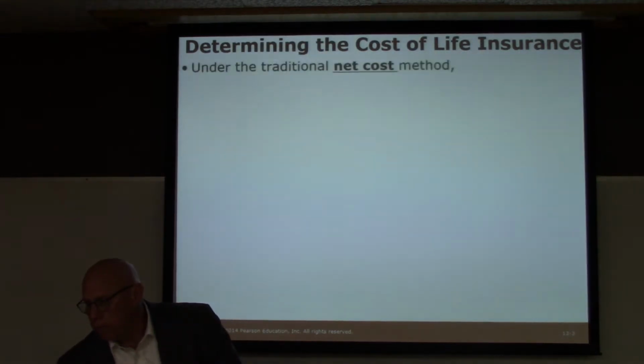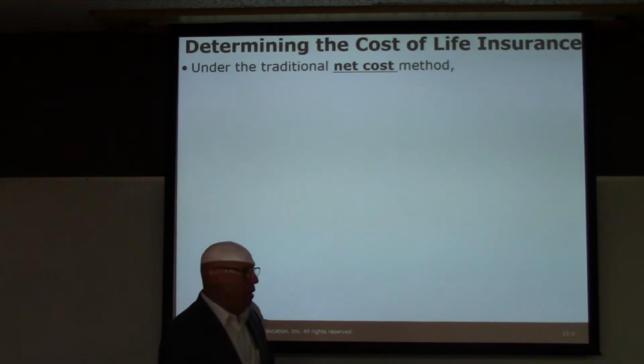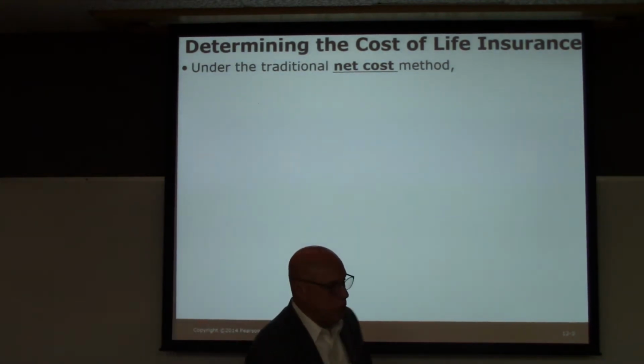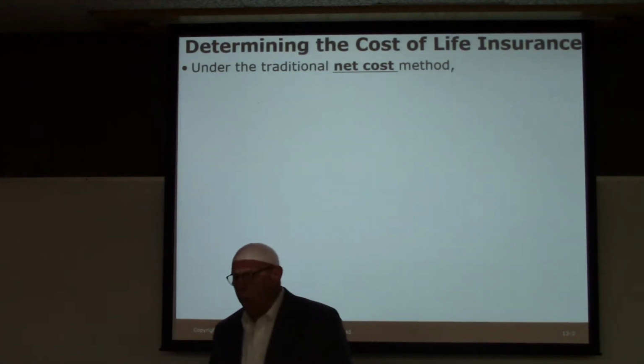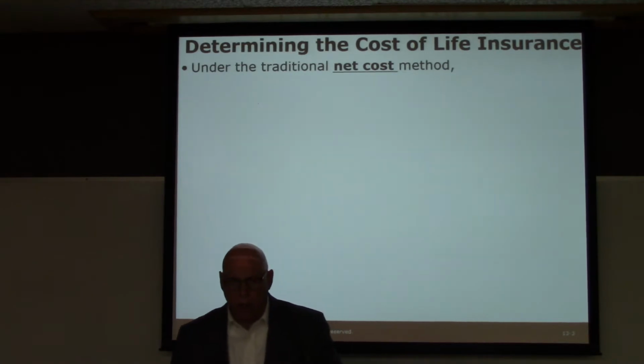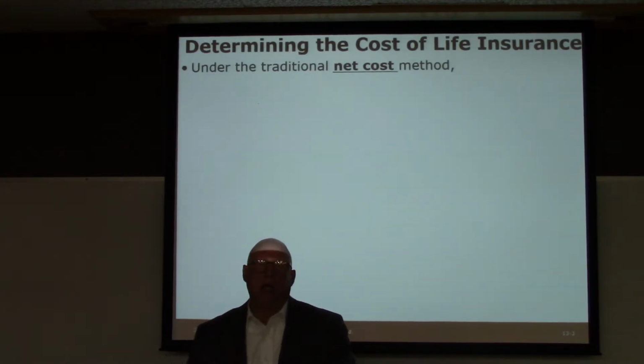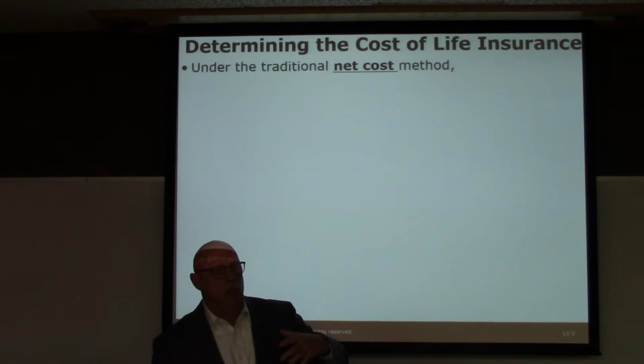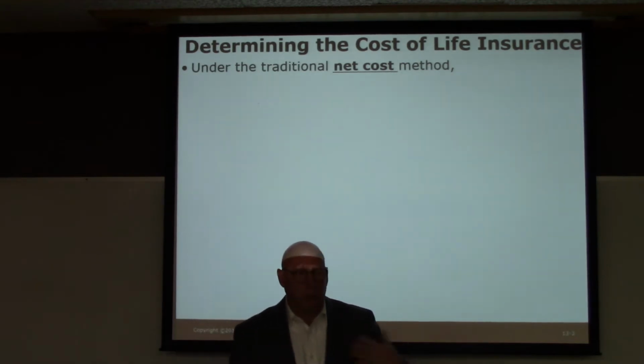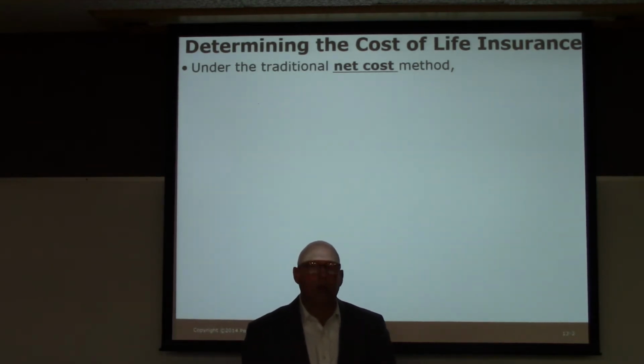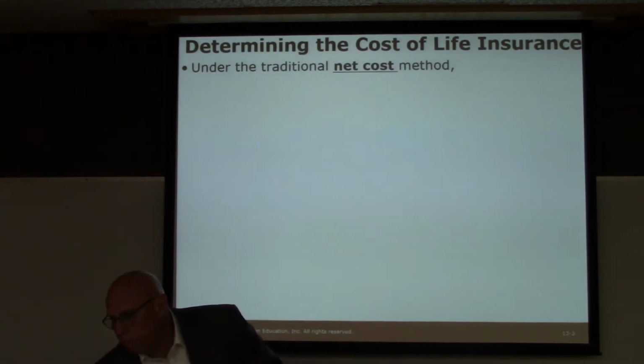Okay, so this first method of determining cost is called the traditional net cost method, and I want to warn you that it does not include time value of money. So this approach is commonly used, but it is flawed, not a good method.